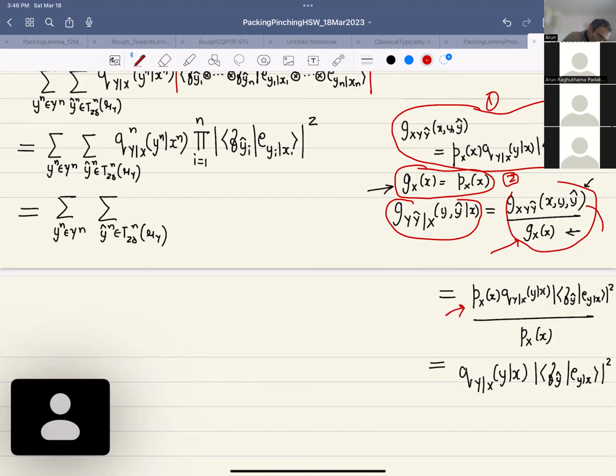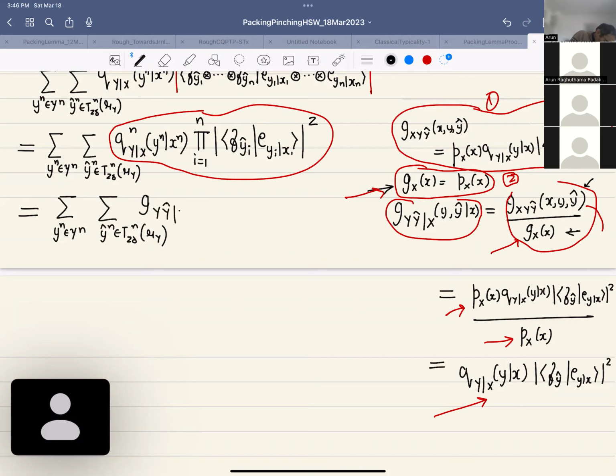For the denominator, I substitute 2. And the px cancel, I get this, right? And if you observe, this quantity is exactly what I have there, right? So I can write this as G y hat given x of n yn y hat n given xn. If you agree so far, put a thumbs up.